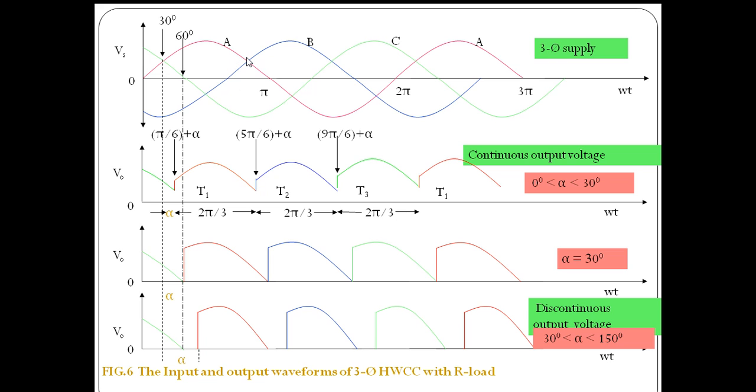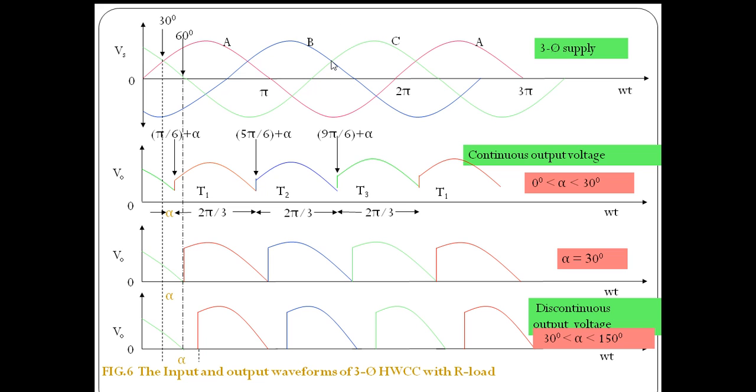As it is not reverse biased, T1 will be in conduction for a small duration, and then at the delay angle α, phase B will be triggered. So at this instant, T2 will be in conduction, and this phase B voltage will be available across the load up to this point.